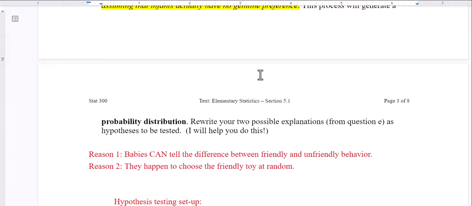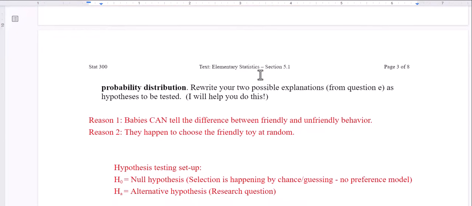And so that's what we're going to call the null hypothesis. So the hypothesis testing setup is as follows. You have your null, which is denoted H with a subscript 0, and it's called H null, like NULL, the null hypothesis. And this is that the selection is happening by chance. So they're just guessing. That's the no preference model.